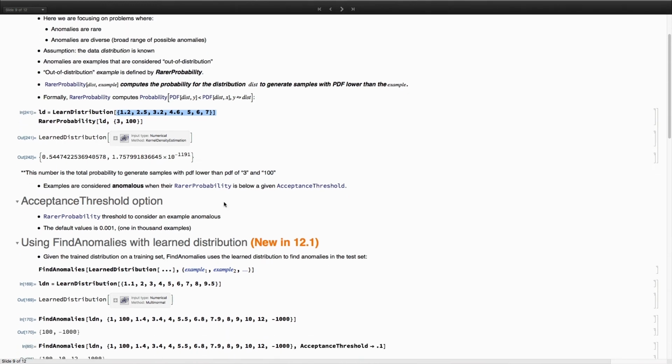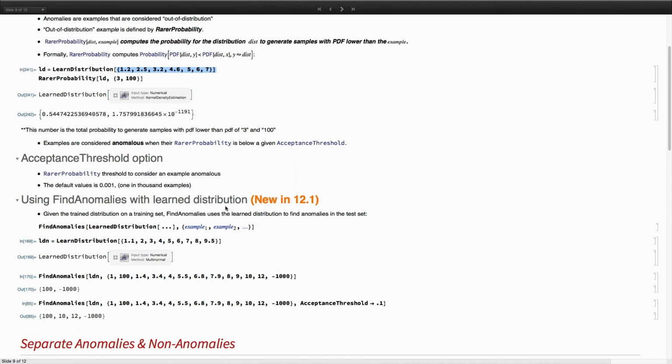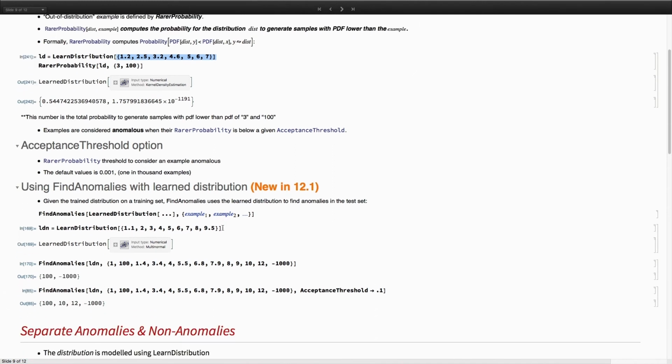So this is our metric to identify anomalous examples. We will consider examples anomalies when the rarer probability is below a given acceptance threshold. The default acceptance threshold is 10 to the minus 3, 1 in 1,000 examples.